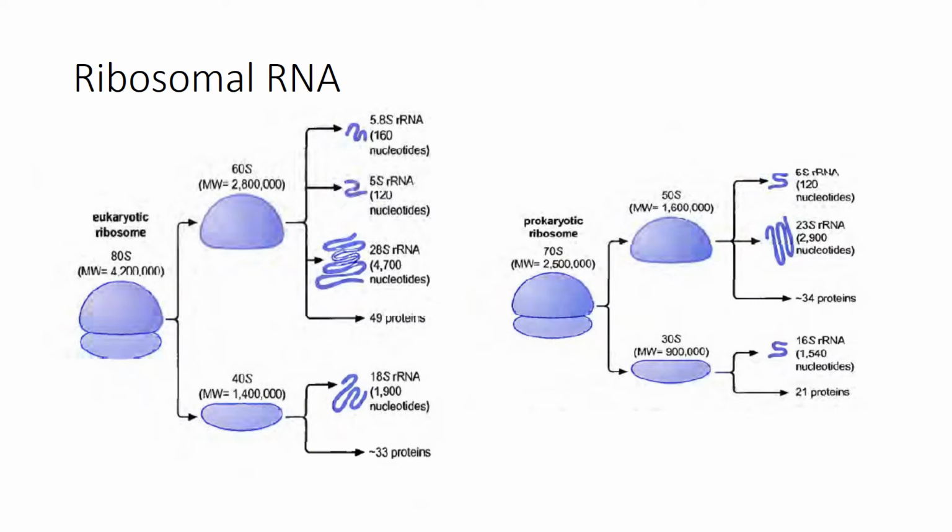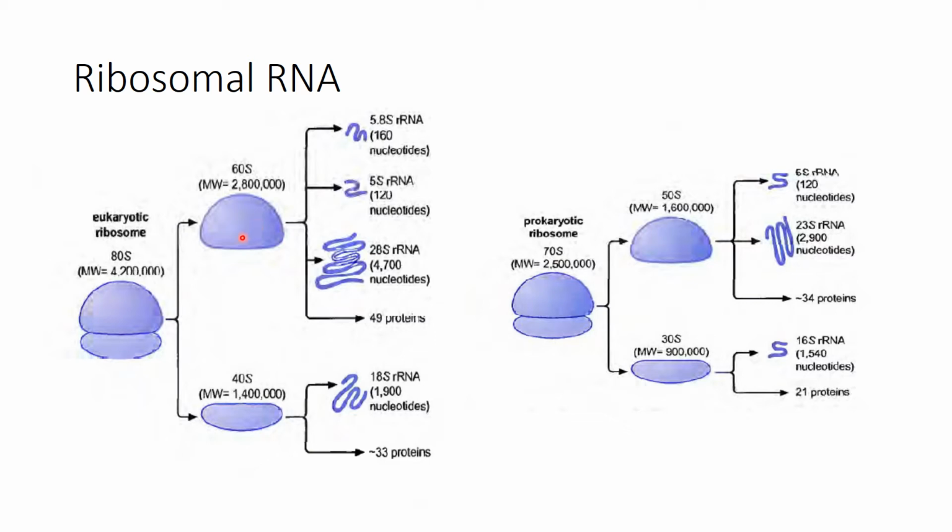Okay, so the ribosomal RNA, in the case of eukaryotes, here you can see that the eukaryotic ribosomes are made up of two subunits, that is 60S and 40S. This S stands for Svedberg's unit, and this is a sedimentation velocity.